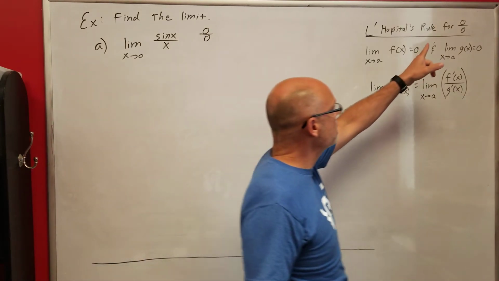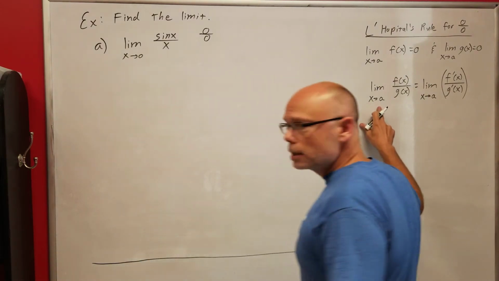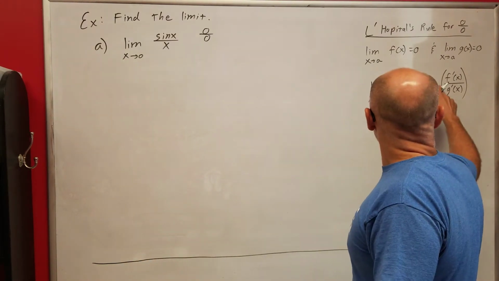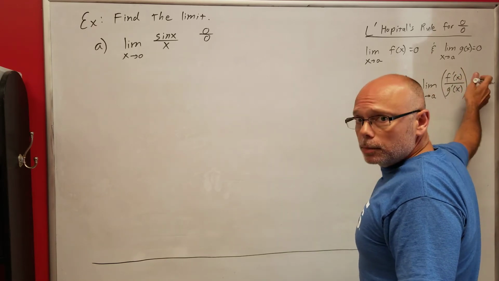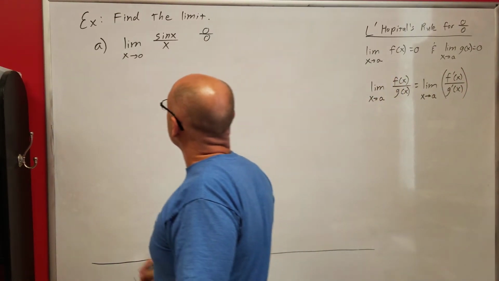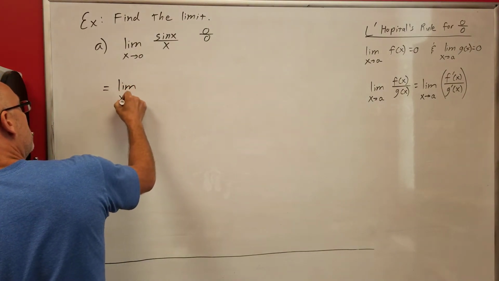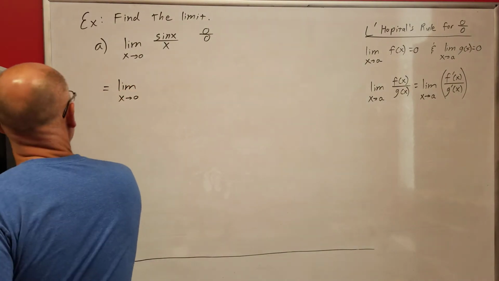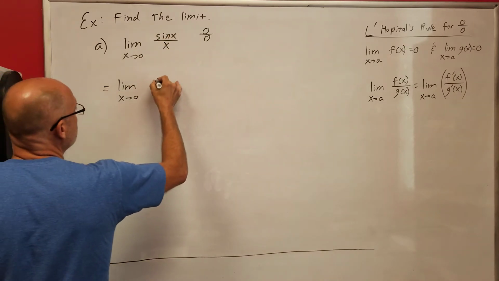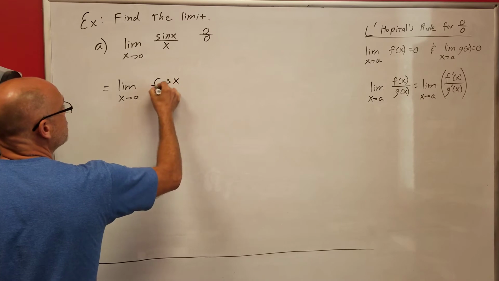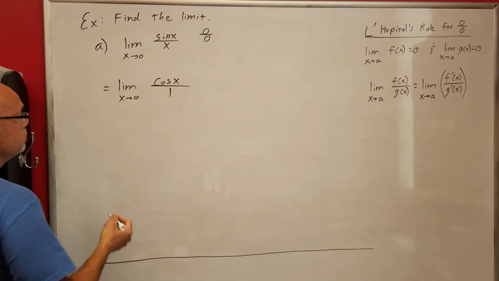So basically what it says is, try to rewrite this limit as the limit of the derivative at the top over the derivative at the bottom. So I'm going to try to rewrite this as the limit as x approaches 0 of the derivative at the top. What's the derivative of sine of x? Cosine of x, over the derivative at the bottom, which is just 1, right?